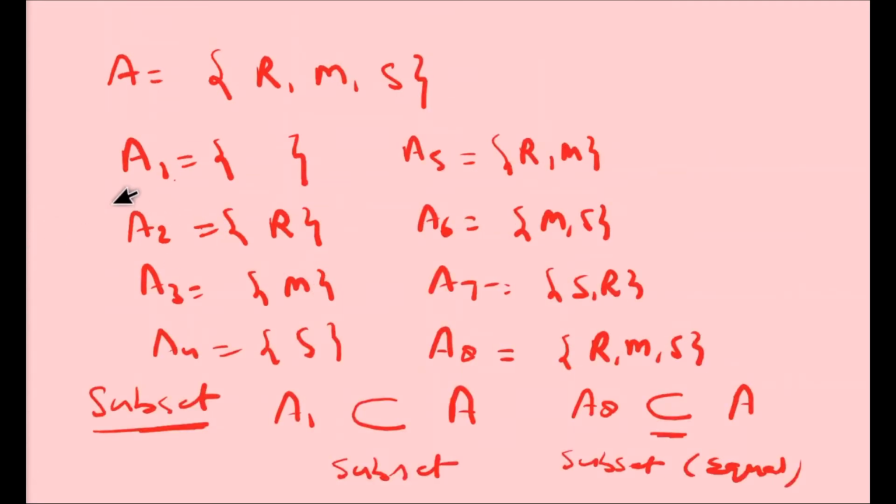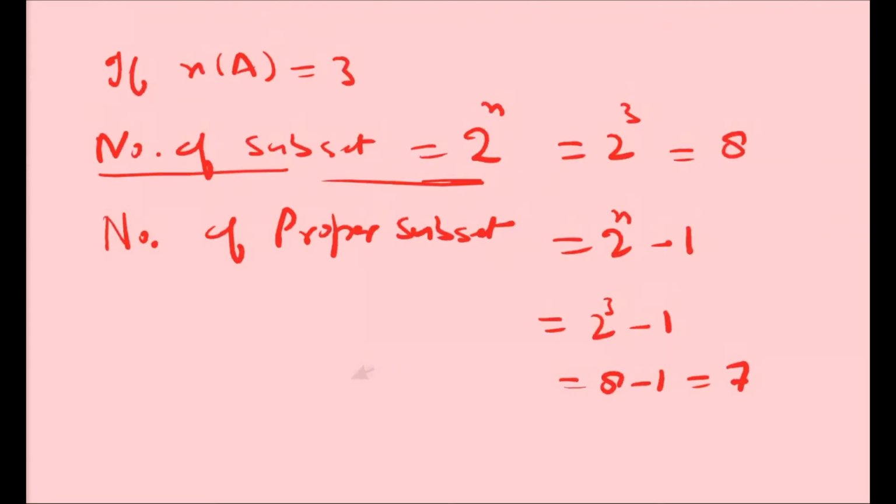We can say A1 to A7 are proper subsets. Since this one is equal, we leave it, and these are the proper subsets. So the number of proper subsets is always one less than the number of subsets. Okay, students, are you understanding? Okay, students, we go to the next point.